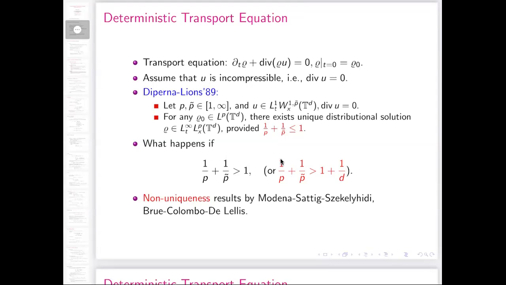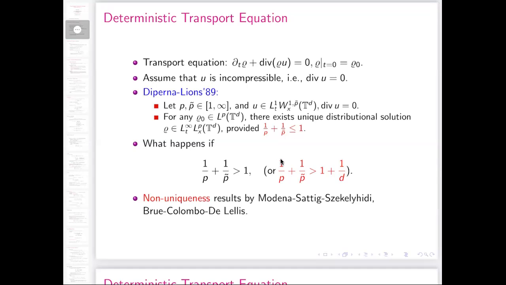Moreover, you get rho in L infinity in time and Lp in space. Indeed, you can do better: you get continuity in time with values in Lp, provided you have the constraint 1 by p plus 1 by p tilde is less than or equal to 1.